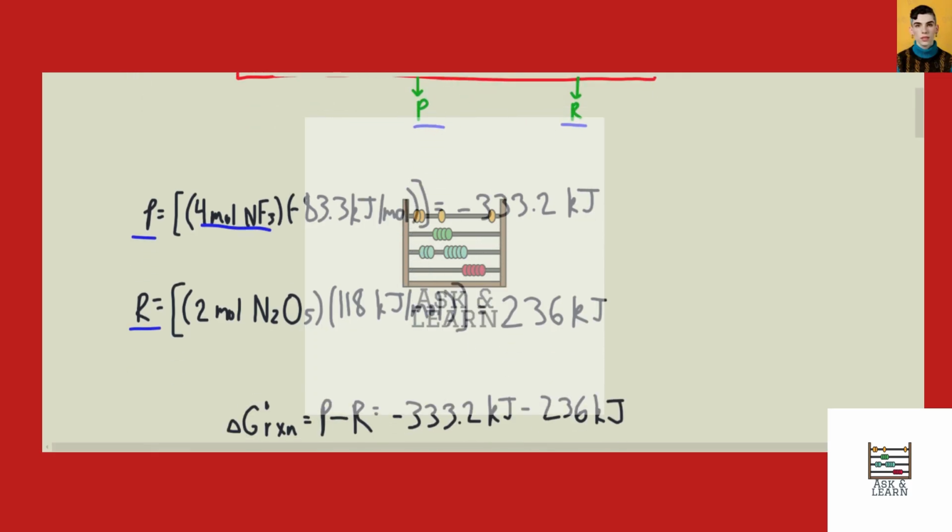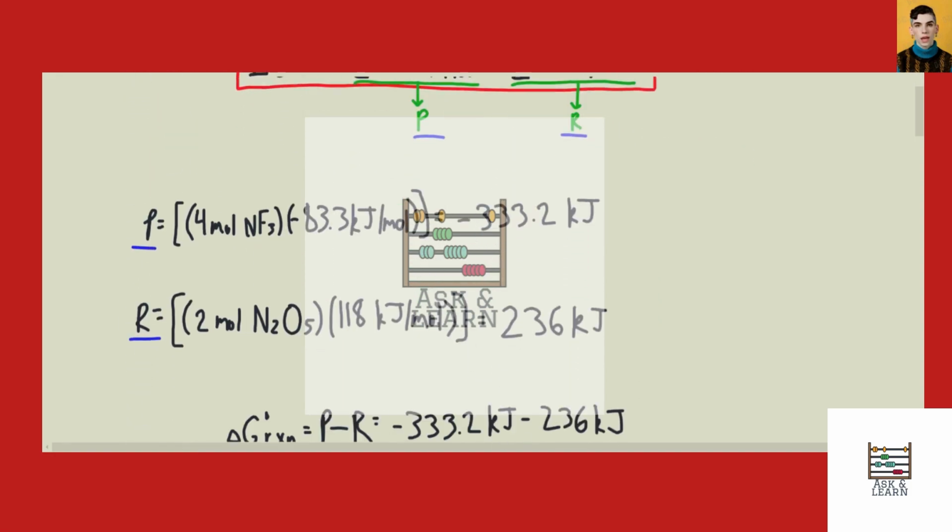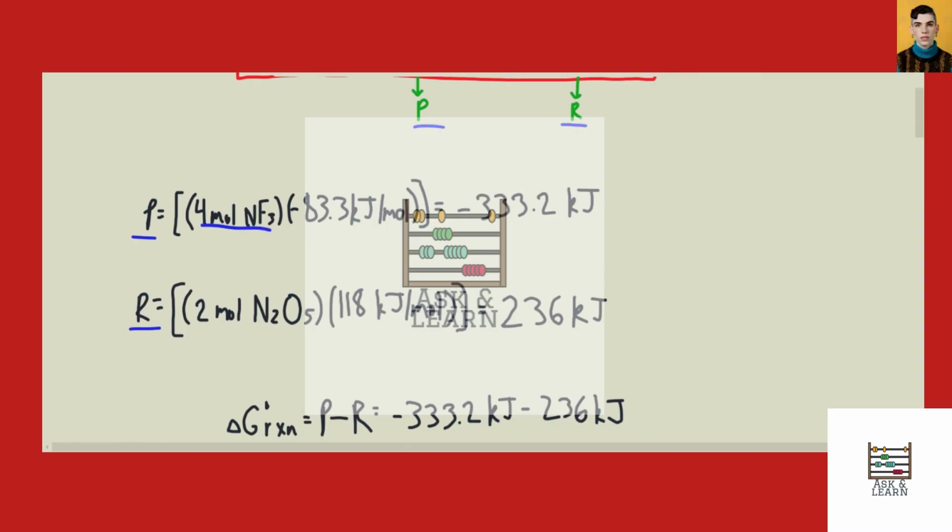So we do not account for those species in our equation, and so the only product of interest for us is the 4 moles of NF3. So we have 4 moles of NF3, and we can look up in the appendix what the change in Gibbs free energy of formation at standard conditions is for that chemical species, and when we multiply those values together, cancel off units of moles, we are left with total Gibbs free energy change units of kilojoules.